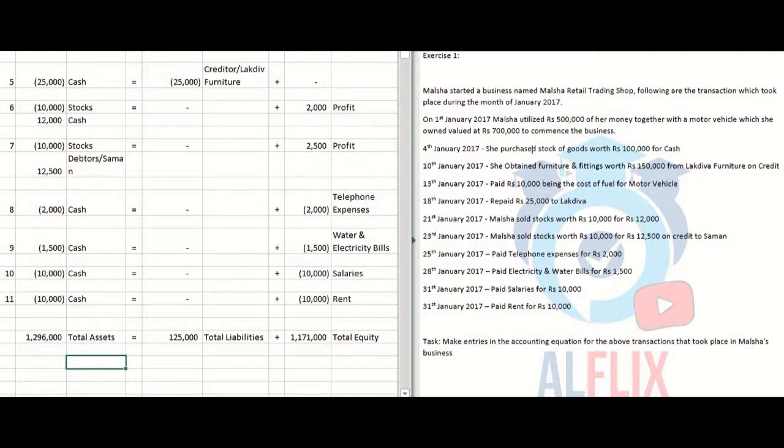So total assets, which is equal to 1,296,000, equals the total liabilities 125,000 plus the total equity 1,171,000, which is also equal to 1,296,000. So we can verify that the transactions which have been entered into the accounting equation are correctly done.